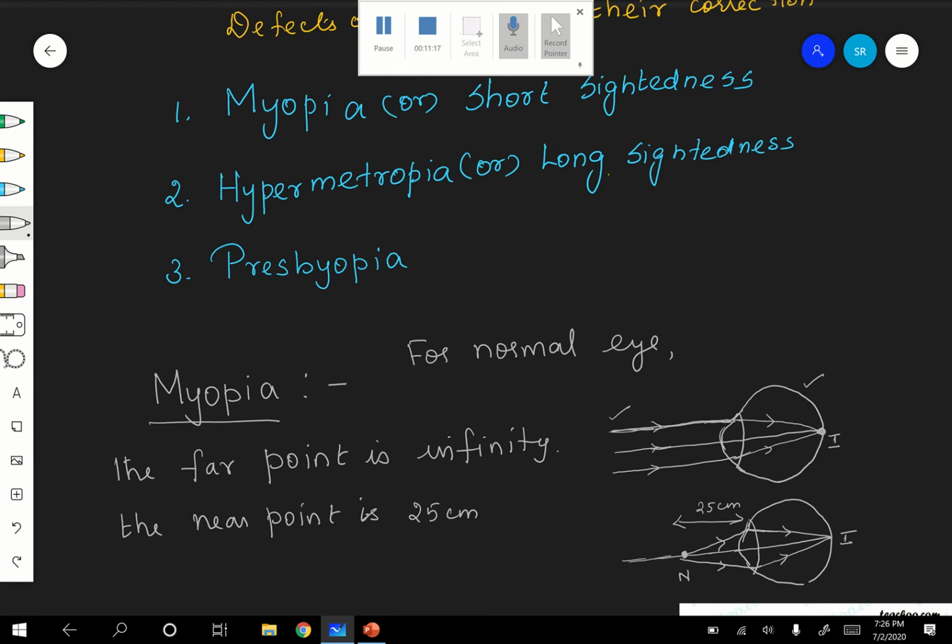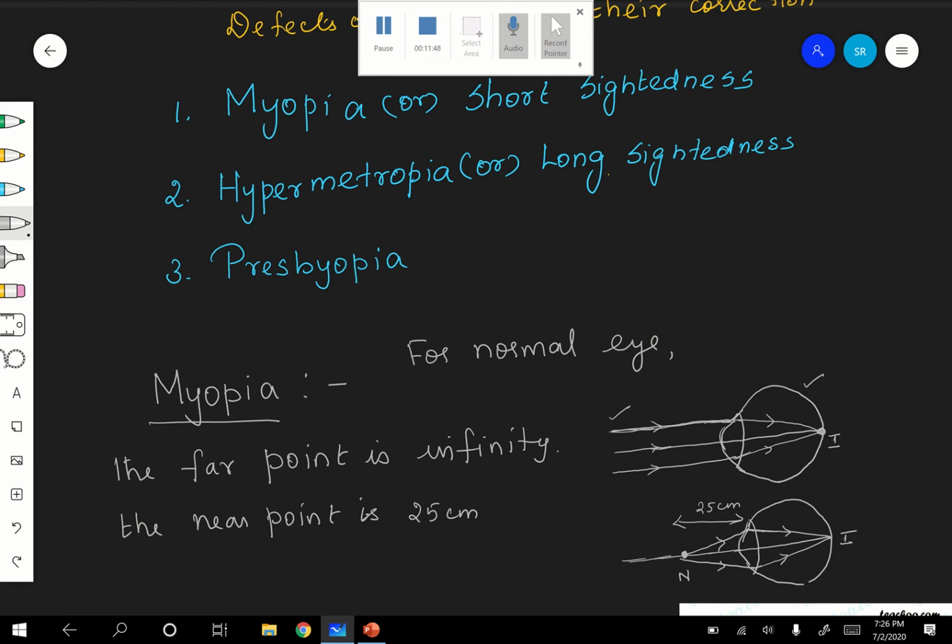Nearby objects can be seen properly, but far off objects will be very blurred. That is why it is short sight. If the object is at a short distance, you can see. The objects lying beyond a particular distance cannot be seen clearly by the eye.